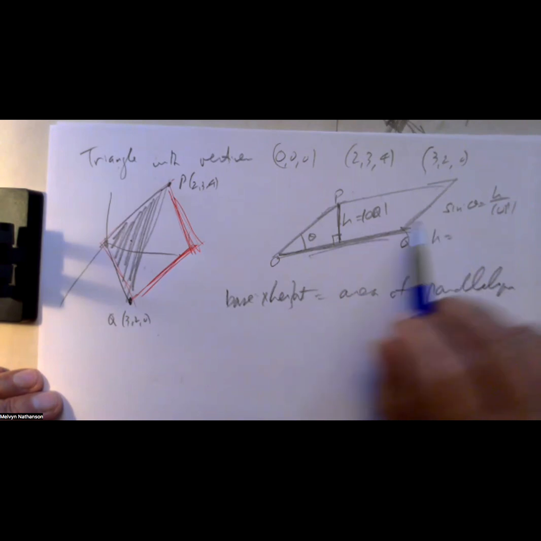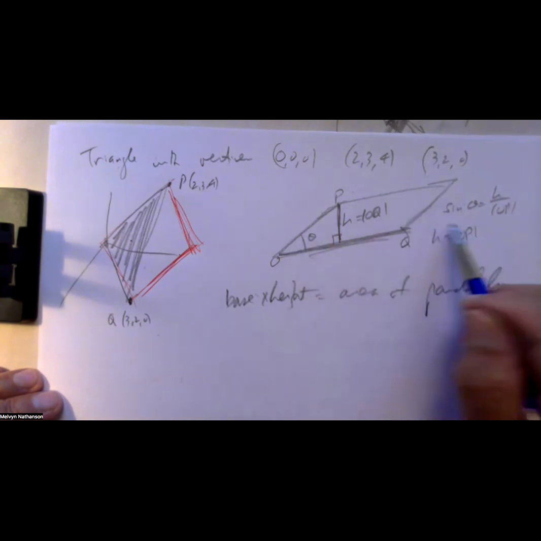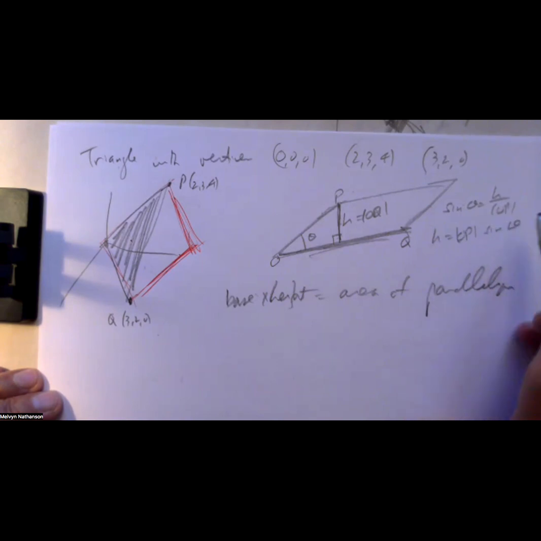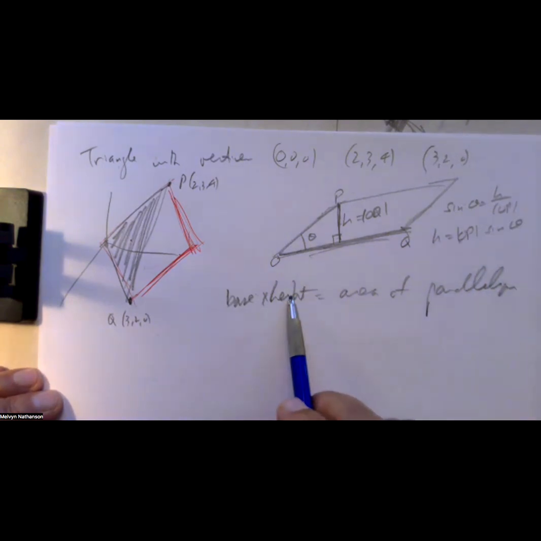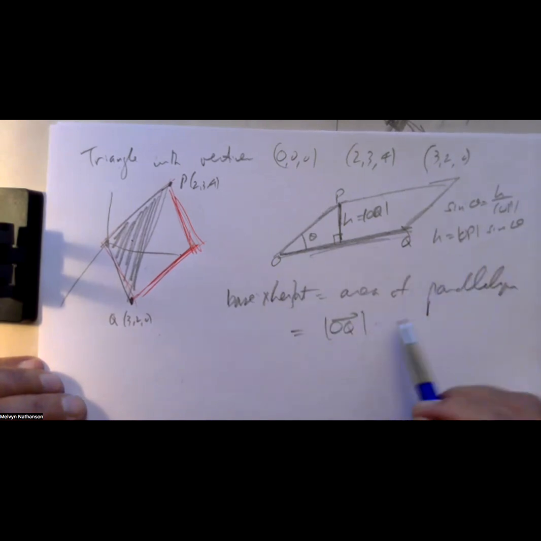So the height is the length of OP times the sine of theta. So the base times the height is the length of the vector OQ times the length of the vector OP times the sine of theta.